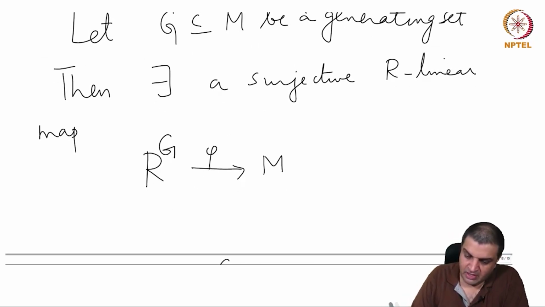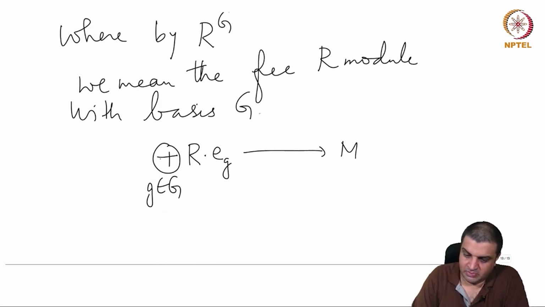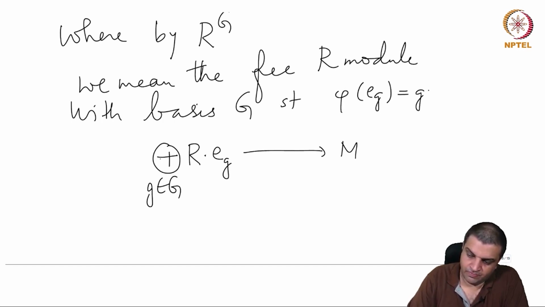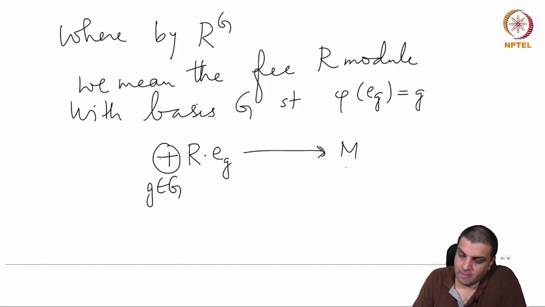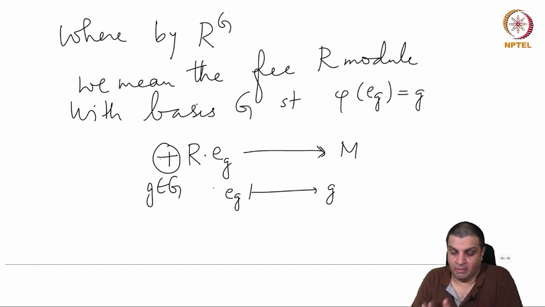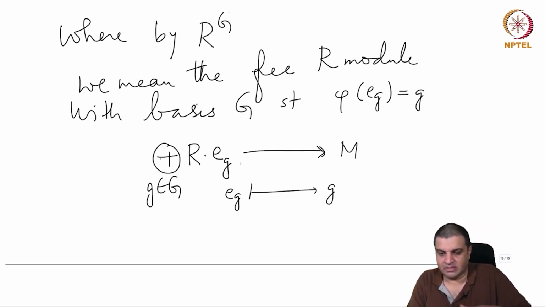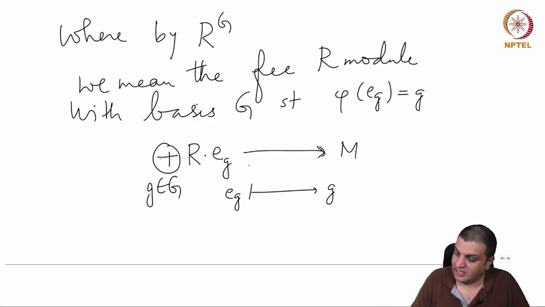Surjective linear map phi from R^(G), with basis G, to M such that phi of e_g is g. So the map sends e_g to g, where g is an element inside M. e_g is just a dummy element indexed by the generating set. So once you identify a generating set, then there is a map from a free module of that many copies of R to M.